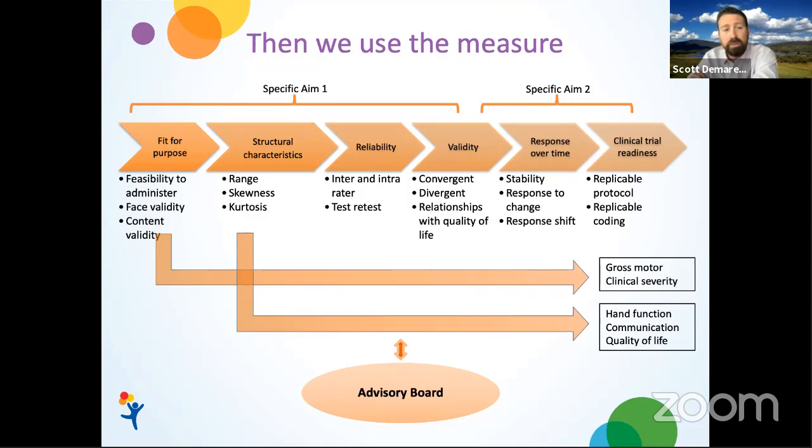What do we need to do to make sure that we're going to see change appropriately with that measure? And then we need to make sure that if we do that measure multiple times and it shouldn't change, that it doesn't change, right? That's inter-rater reliability. These are all various processes of validity testing that we would go through. And then we want to actually test that over time to see how that captures changes in patients as they get older.